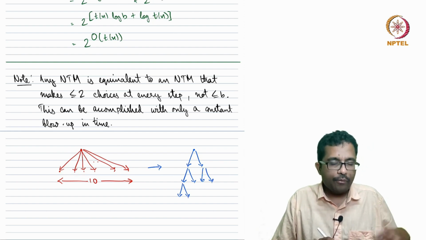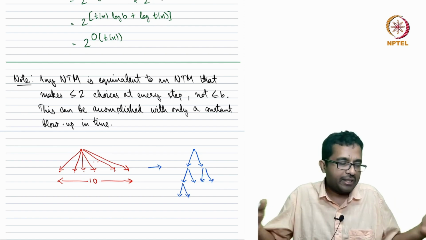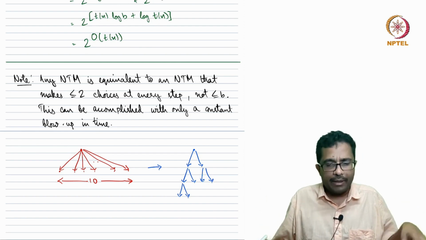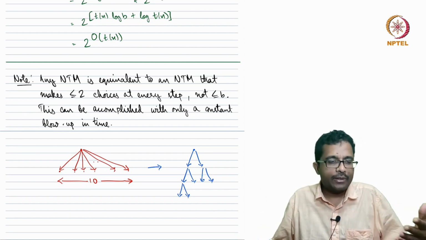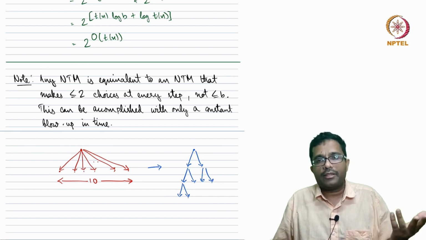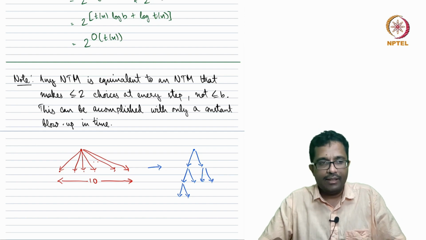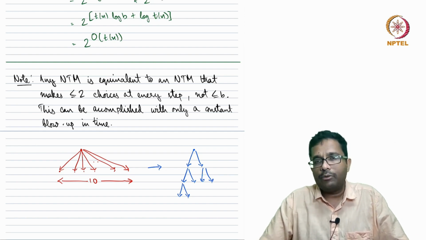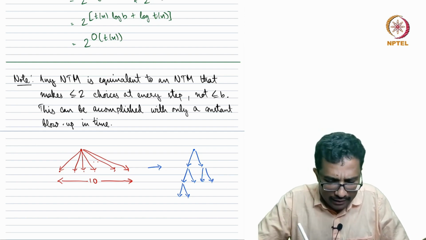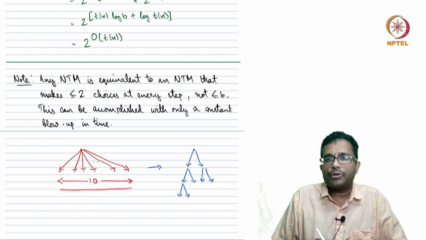So basically, if the non-deterministic Turing machine takes up to 10 choices, we can replace every non-deterministic step with a step that takes at most 2 choices. So this is sometimes convenient in some proofs, where we can assume that B is equal to 2, and it does not increase the time too much, because B is usually considered to be a constant.